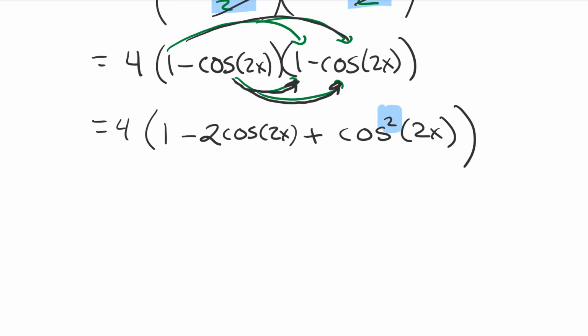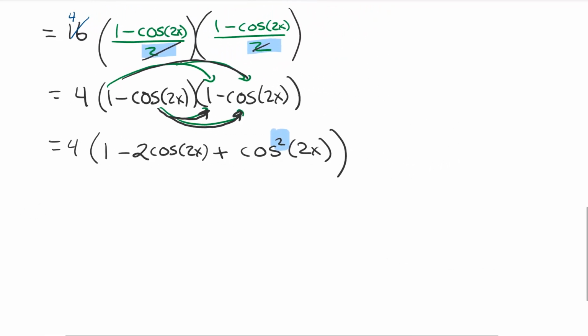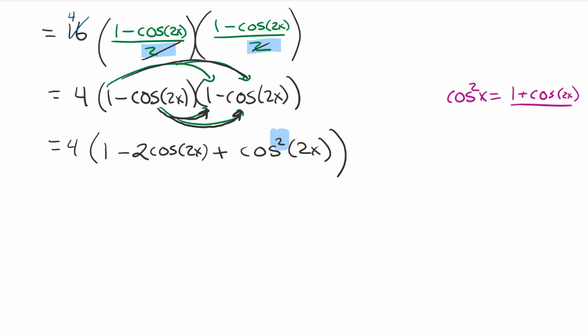But now we have this power here. We're going to have to reduce that one. No biggie. We've got cosine's formula, right? Cosine squared of x is equal to 1 plus cosine of 2x over 2. But, oh no, there's a 2x in there.